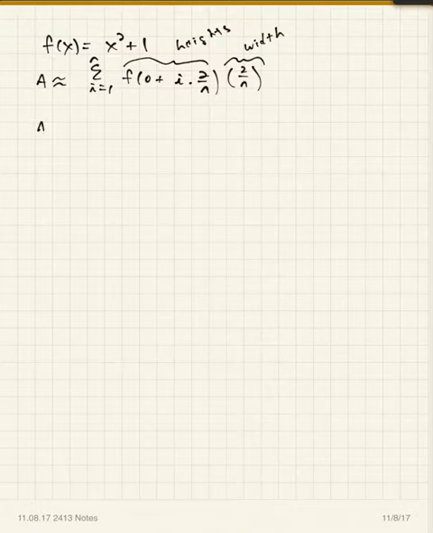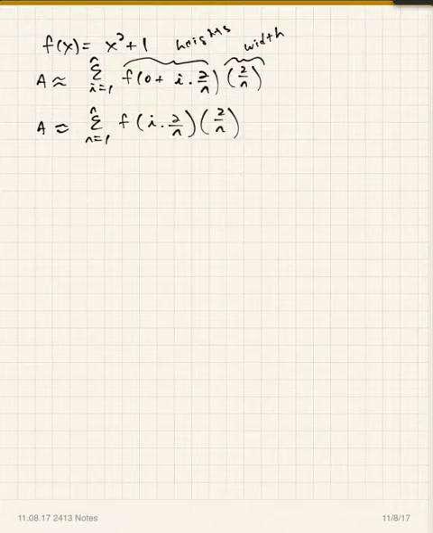All right, so if we try to get a handle on this expression, and it's messy algebraically, I'm going to warn you about that. First of all, that 0 is no longer necessary to write down. So this is just going to be f of i times 2 over n, and then this is times 2 over n, like this. Okay, so now we evaluate the function.